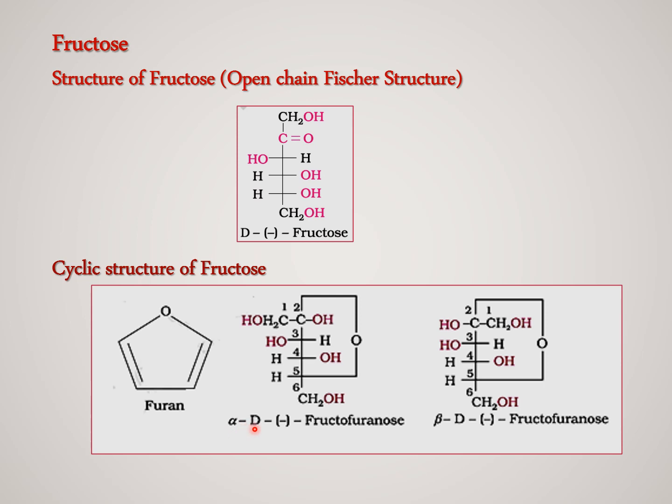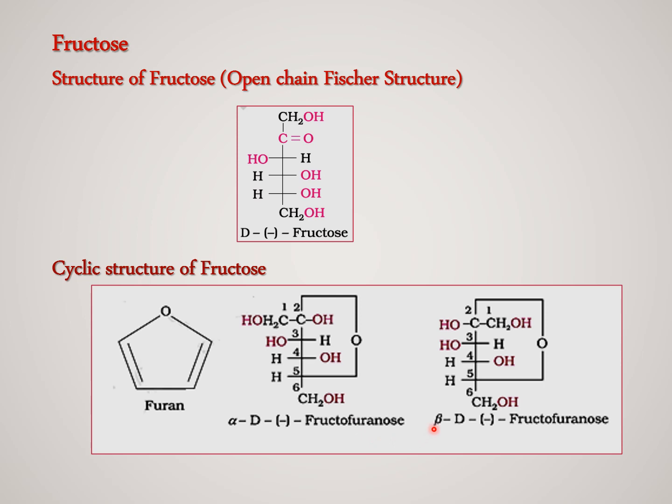It rotates the plane polarized light in the anti-clockwise direction, so minus, and it is called fructofuranose. The reason is that it's a 5-membered ring, with the furan ring taken as the analogy. So it's called fructofuranose.